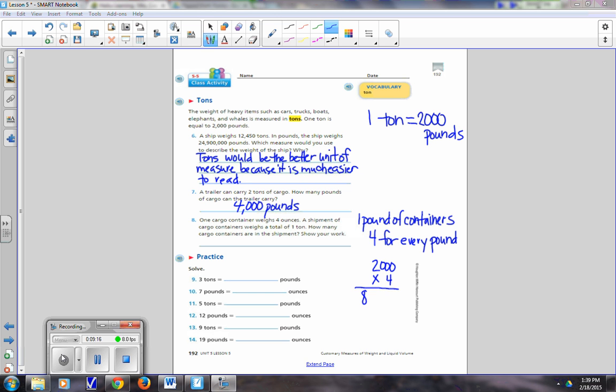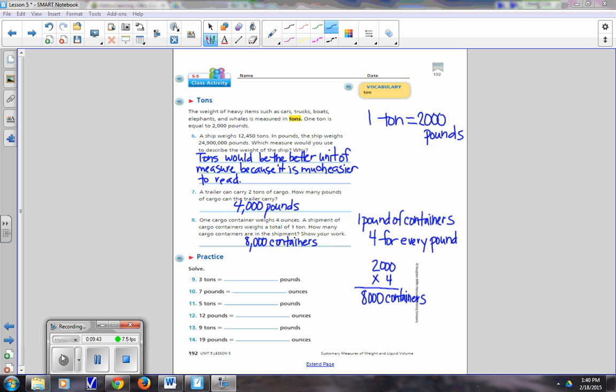I'm going to have 8,000 containers. That would equal 1 ton. Hopefully you saw those steps. If you didn't, and you're wondering what she just did, pause me, roll me to the left, and listen again. That might give you a clearer picture.